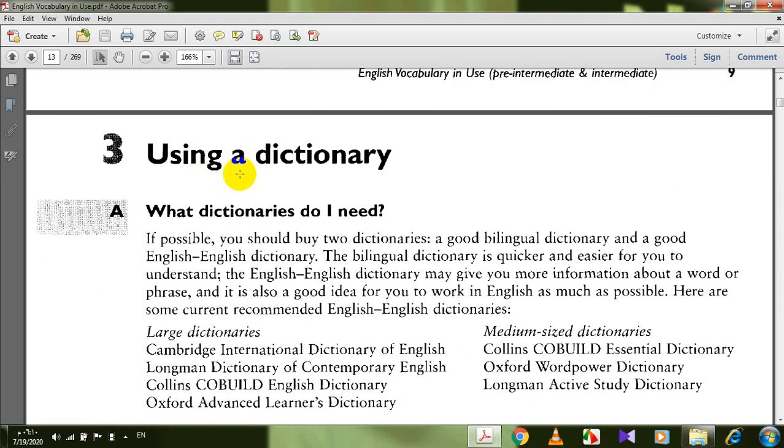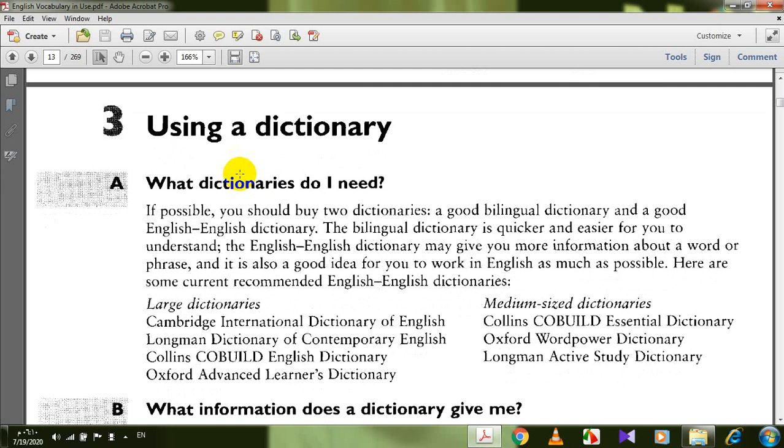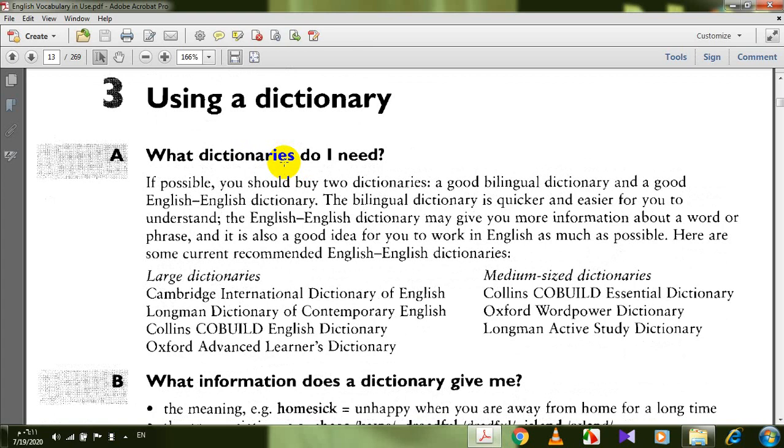Before going deeper into our lesson, I'd like to say that this word in particular, dictionary, has 3 different pronunciations. The first one is dictionary, the second is dictionary, the third is dictionary. What is a dictionary? This is a very simple question that needs to be answered.